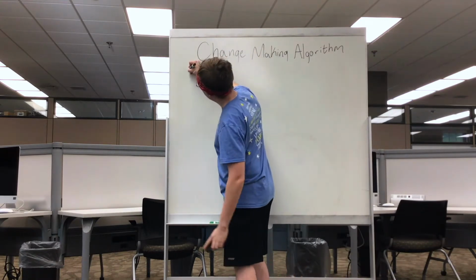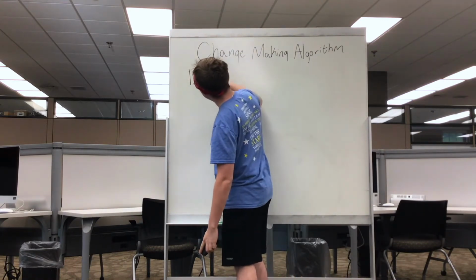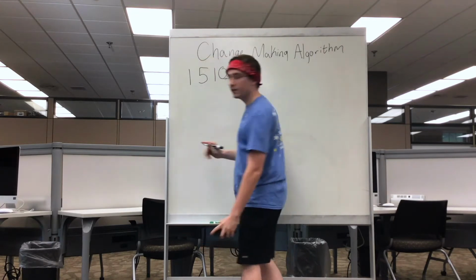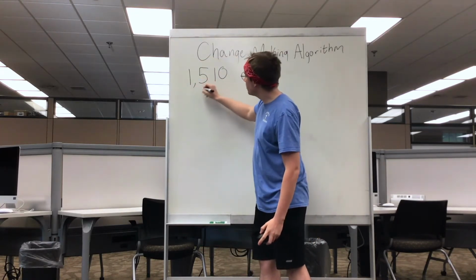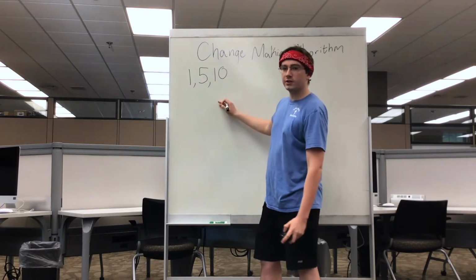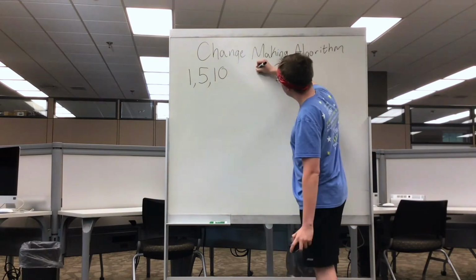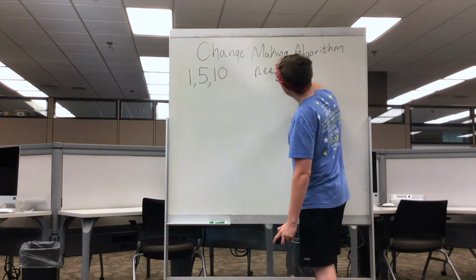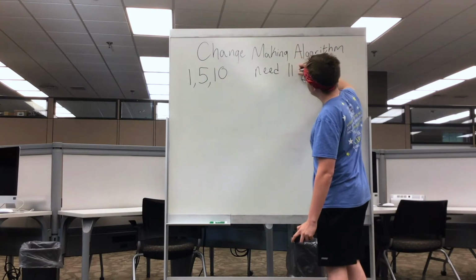So we have 1, 5, and 10, and these are our coin denomination amounts, and we need 11 cents.